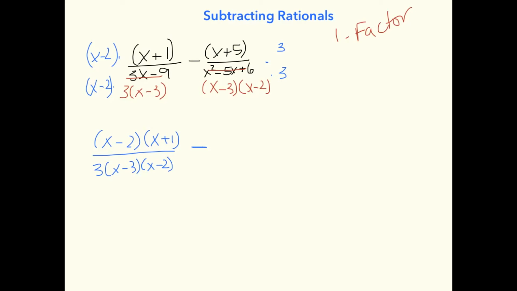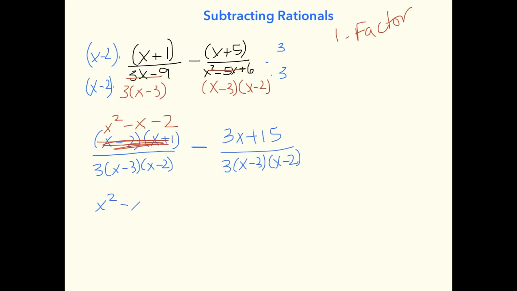So this would become 3x plus 15 over our new common denominator. And remember, we want to FOIL up here. So we have x squared, and we'll have a plus 1x minus 2x, which is minus x minus 2.